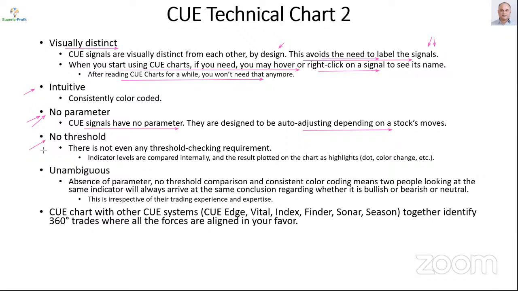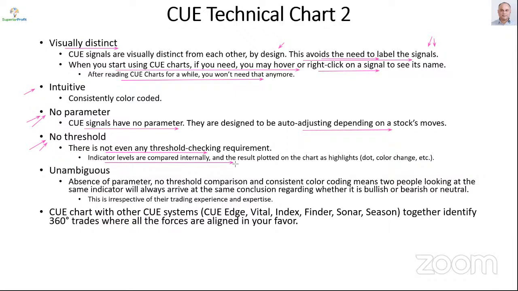On top of that, there is no threshold also. Not even any threshold checking requirement. If you are using traditional indicators, let's say RSI, stochastic, they have thresholds to be compared with. This was another conscious decision I made. There is no need to check threshold.